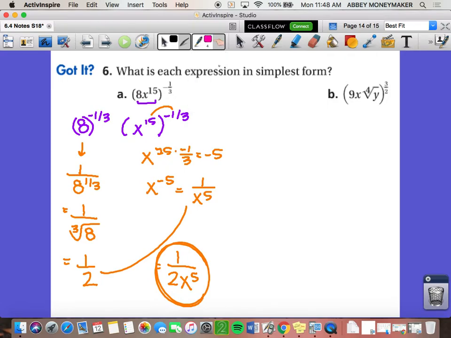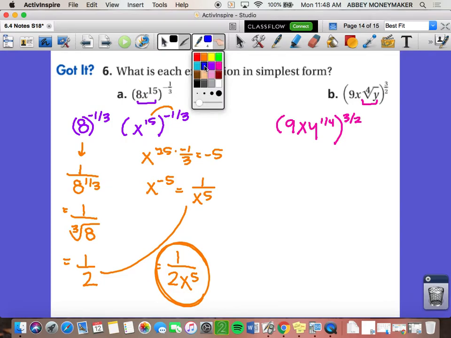On part B, we don't have anything to combine. We just need to change that 4th root of y. We need to say that's 9xy to the 1/4, and then that's raised to the 3/2 power. So now I can give everything the 3/2 power.